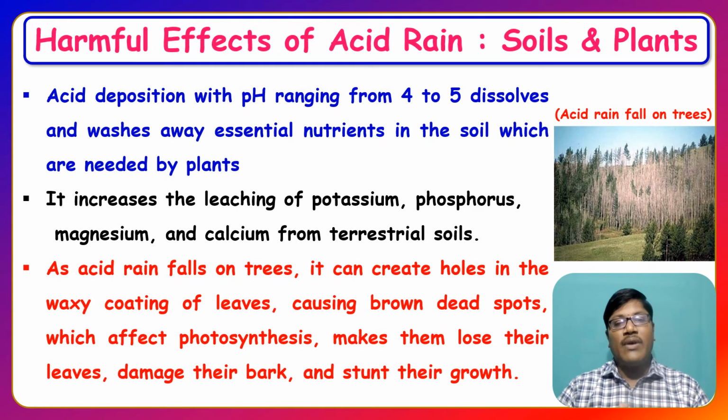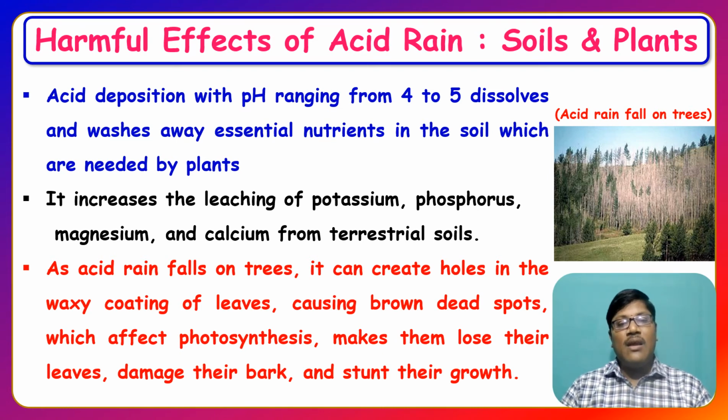What are the harmful effects of acid rain on soils and plants? Acid deposition with pH ranging from 4 to 5 dissolves and washes away the essential nutrients present in the soil, which are very much needed by the plants or trees to grow. This ultimately leads to a decrease in productivity.